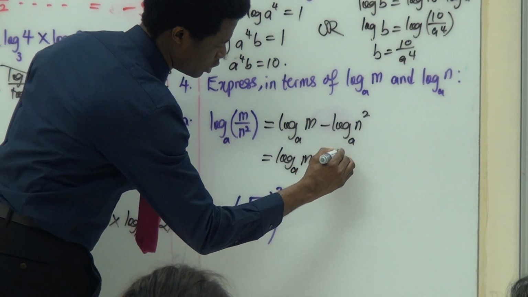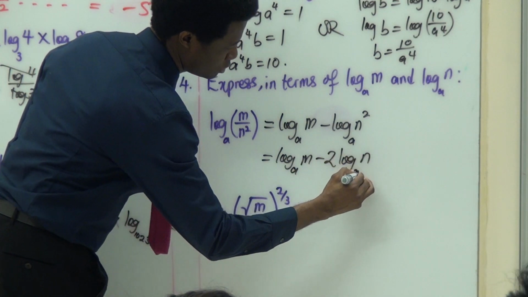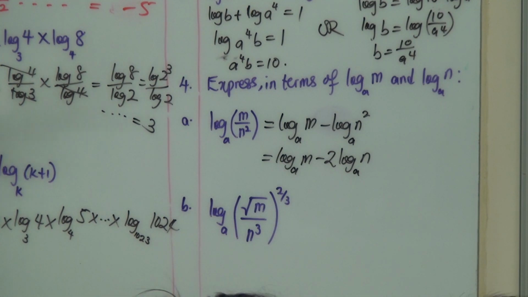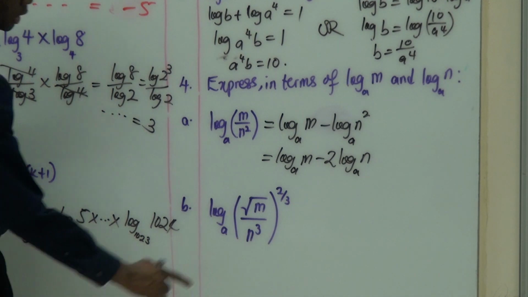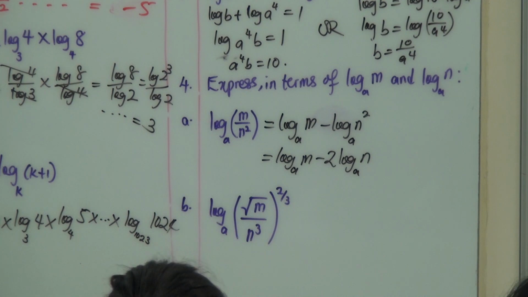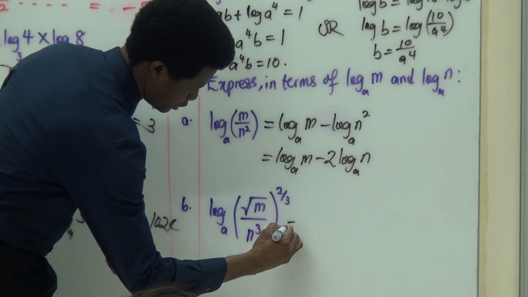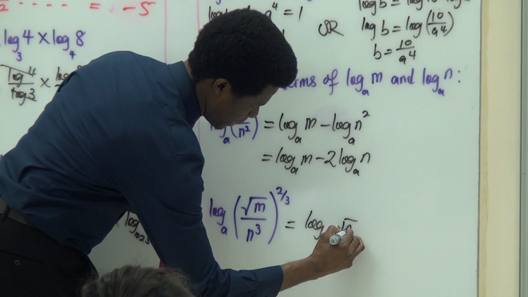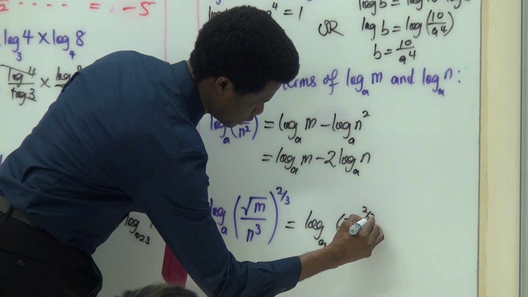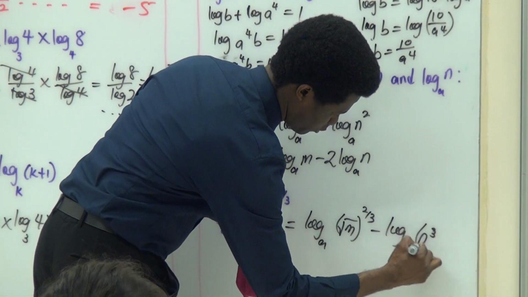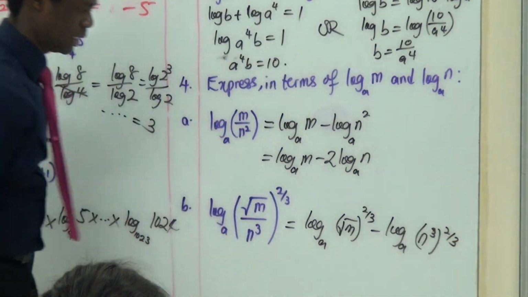Although I think this is also right, but let's just write it like this. It's like the reverse of the first question, kind of. Okay, so similarly, this will have to be distributed, right? Then we do subtraction again. So when we distribute and subtract, you get log to base a of square root of m to power 2/3 minus log to base a of the cube of n to power 2/3, something like that.